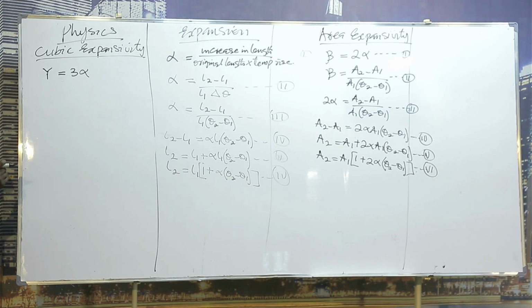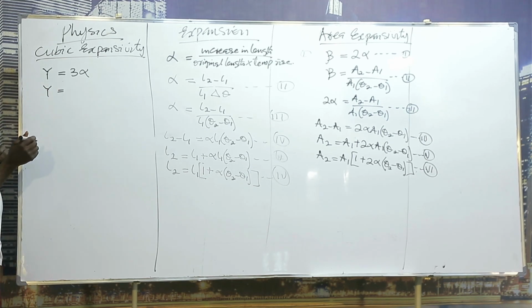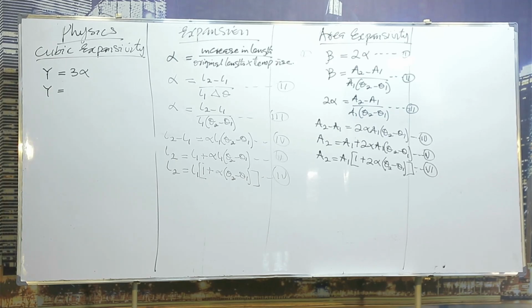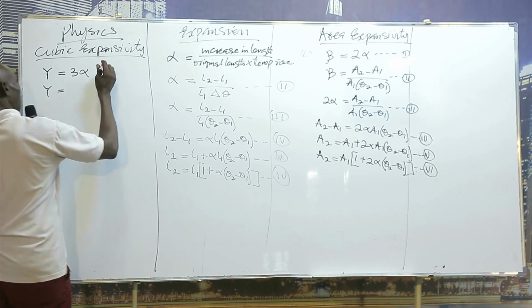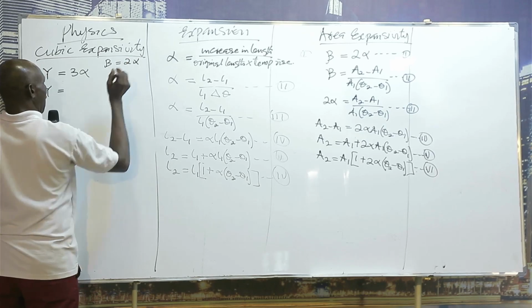Please, I want you to look up here. Stop writing. There's an equation I want you to know how it is formed. We know that beta is equivalent to 2 alpha.